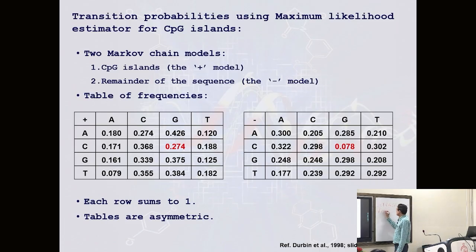Okay. So first let's write the probability of this sequence using a Markov chain model of order 1. Tell me what I should write here.